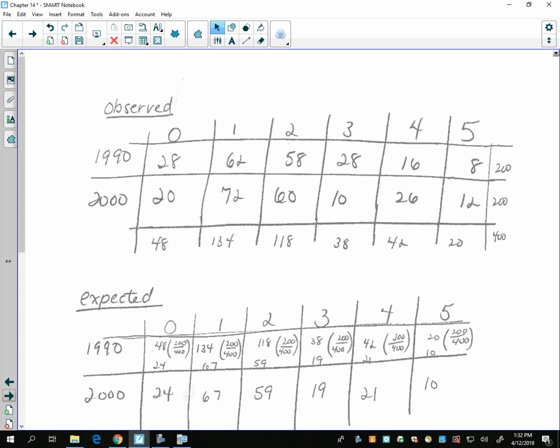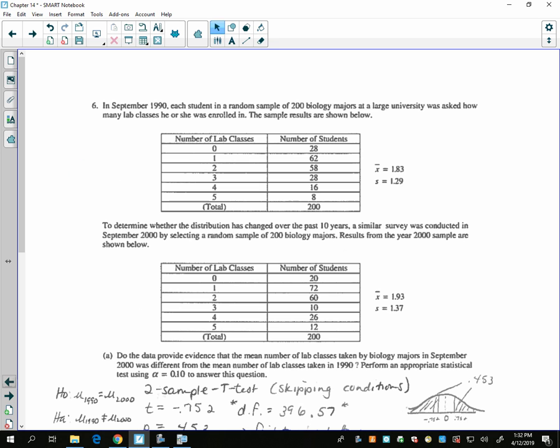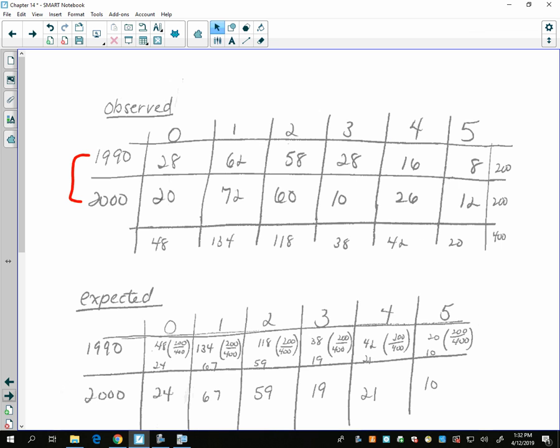So what I have here is the 2 populations, and you're seeing if in these two populations the distribution has changed. So you actually have 0 through 5, and all I did was I went over here and for 0 in 1990, I picked up this number, and then for 0 in 2000, I picked up this number. And I did the same thing from 0 through 5, and I put it in a table. So this is your observed counts.